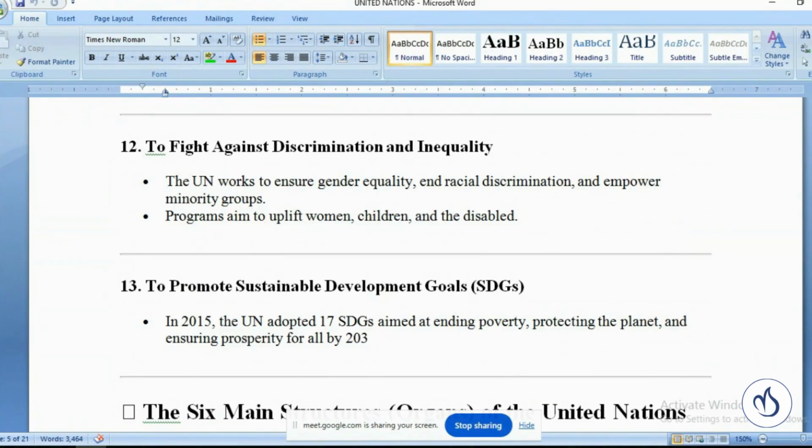Now, no one has a choice to be a woman. We didn't vote for someone to become a man. Why do you discriminate against a woman? Why do you discriminate against a girl? Why do you harass a child? Because he will also grow up. Don't discriminate. So the UN uplifts the status of women, children, and the disabled.